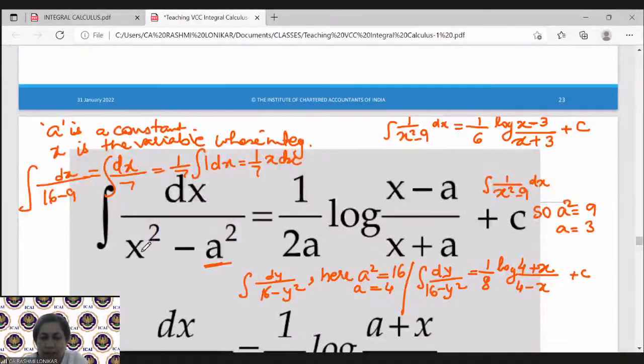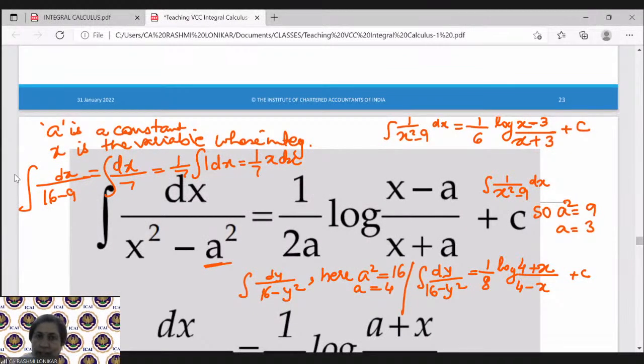This formula is there when you have x square minus a square, and a will have a certain value. A will be 2, 3, 2.5, anything. But you can't have the value of a given and the value of x also given, and then try to use this formula. Then you don't need this formula, right?